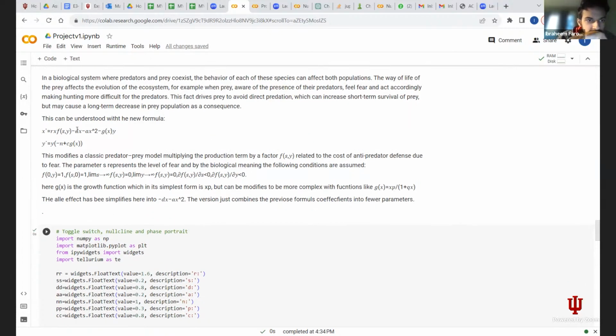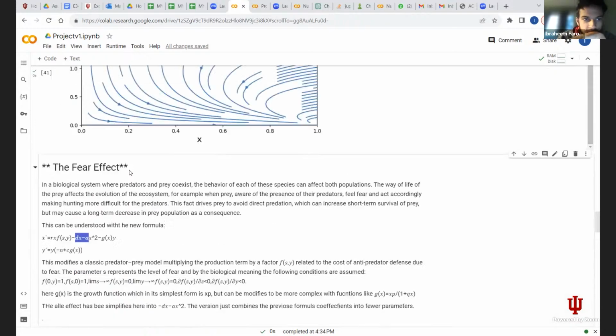So this is the new formula that we have. This is in combination with the Allee effect. These middle two terms are the Allee effect, simplified with fewer parameters.